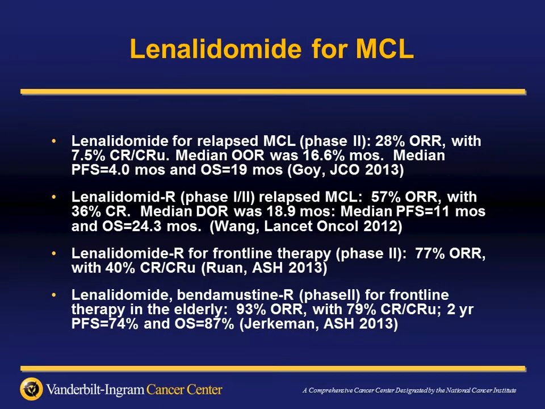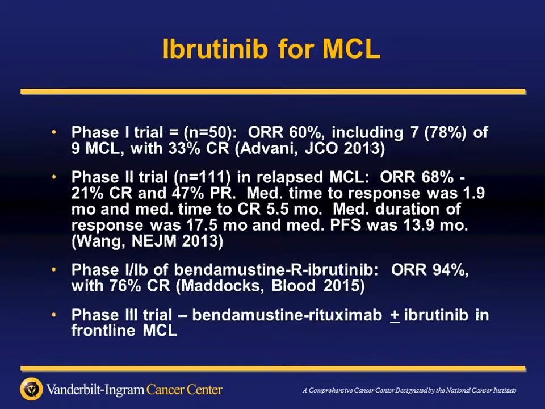And right now there's a new regimen being utilized in elderly patients with bendamustine and lenalidomide, with a 93% overall response rate and a CR rate of 79%, and progression-free survival of 74% at 2 years, and overall survival of 87%. So another new agent effective for mantle cell lymphoma.